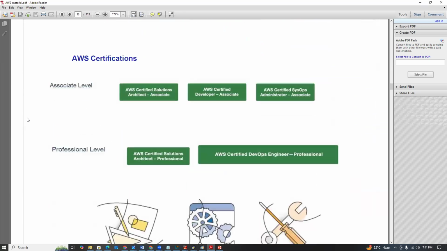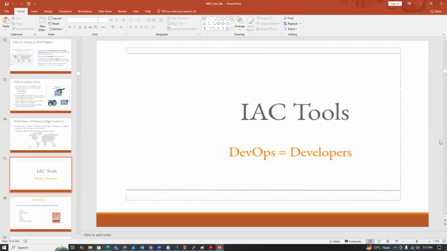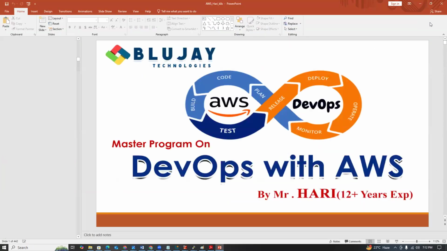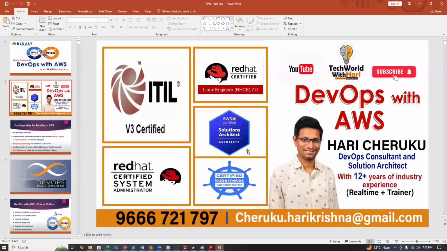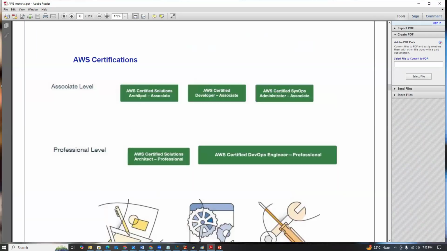Certifications you already know: associate level and professional level. There are two types of certifications. One is associate level and the other is professional level. AWS Certified Solutions Architect Associate, which is what I did. The professional is AWS Certified Solutions Architect Professional.